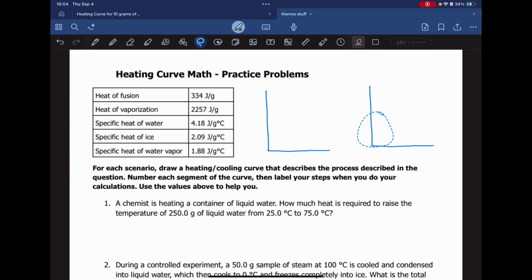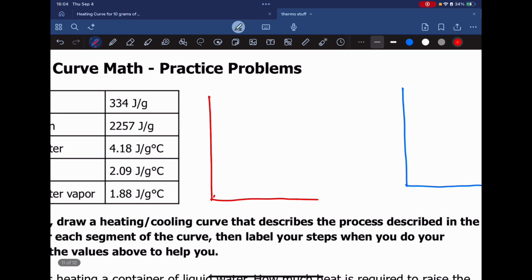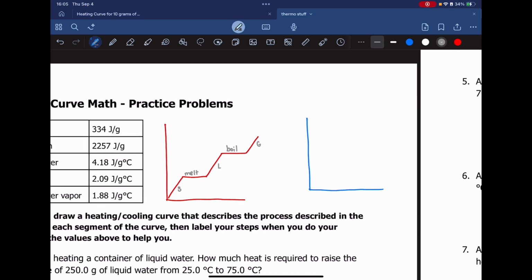Let's do my cooling curve in blue, and I'll do my heating curve in red. So remember, our heating curve is made of 5 segments. We have our phase changes happening at plateaus, and we have solid, liquid, and gas just increasing in temperature during those slopey sections.